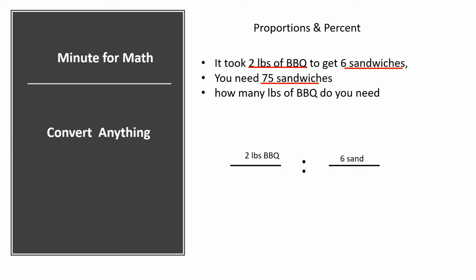It'll go over here with the sandwiches, right? Okay, problem's almost solved. 75 times 2 divided by 6. You need 25 pounds of barbecue. That ain't too hard. It's so easy. I can do it.